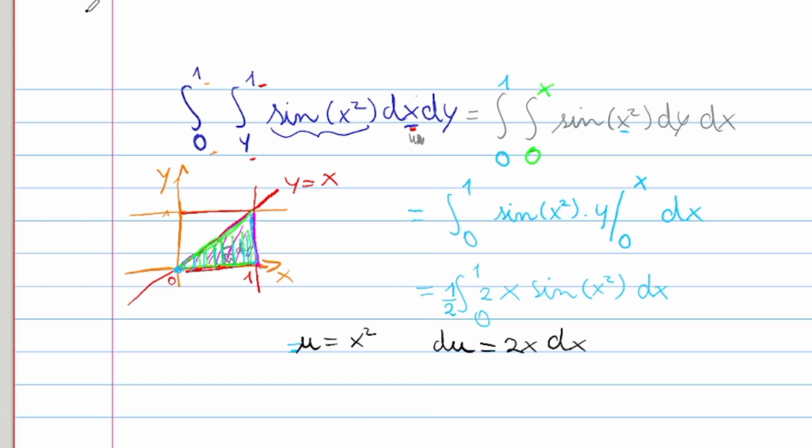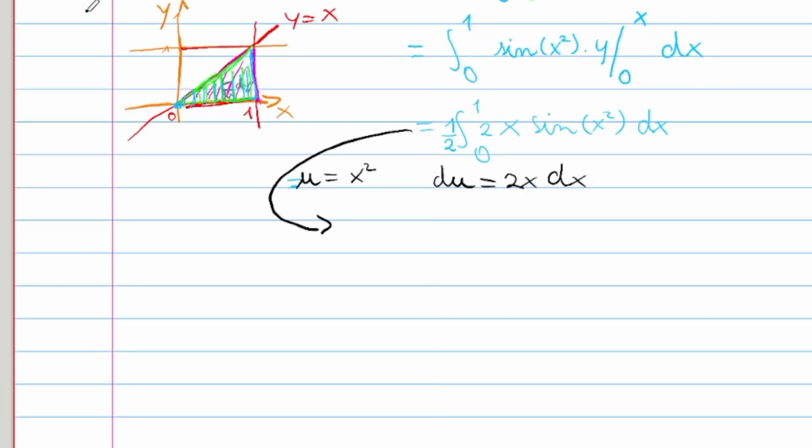So this integral will be equal to the integral from 0 to 1. Why? The limits of integration are still the same. If you plug in 1, u is equal to 1. If you plug in 0, it's still 0.